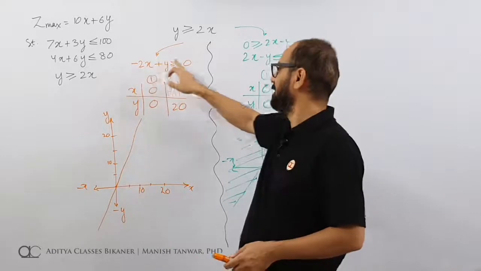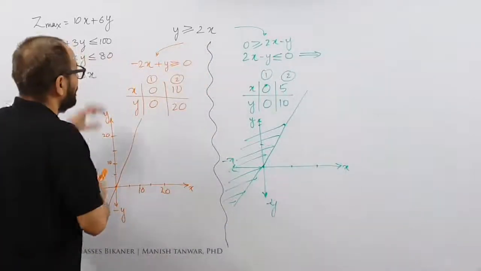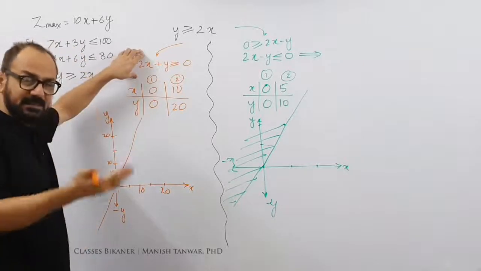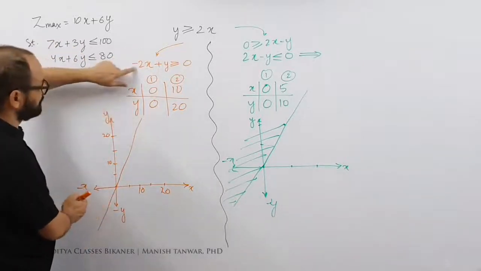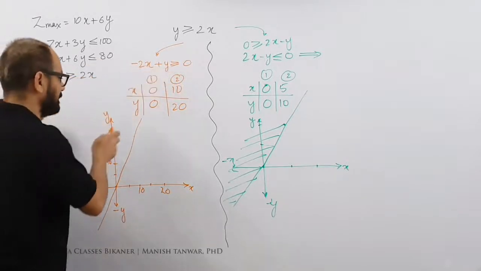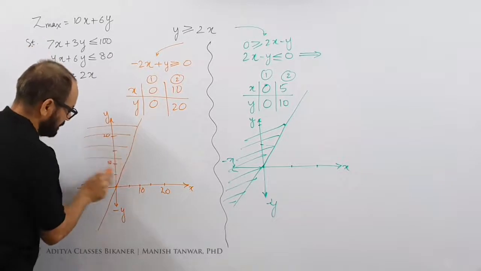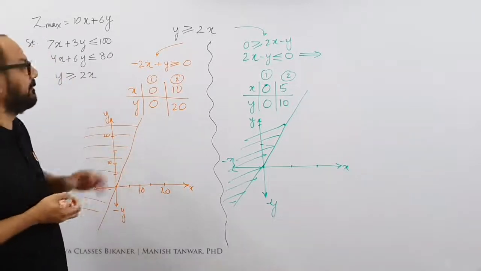And it will be greater than area because x is negative. But I need greater than area this time. Remember, coefficient of x tells me the greater than area. Coefficient of x is negative, so all this is greater than area. And which area am I interested in? Greater than. So what is the interest area? Same. Now look very carefully.